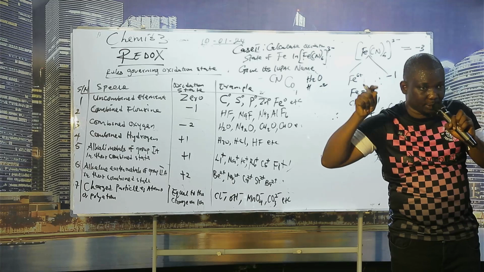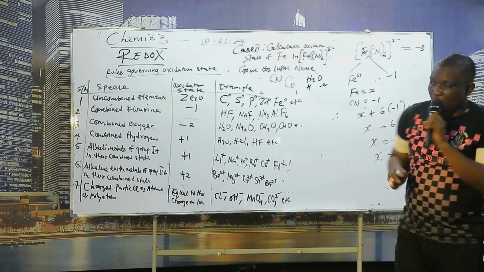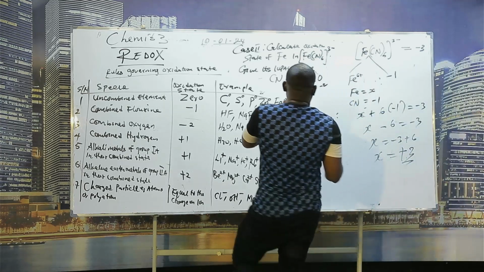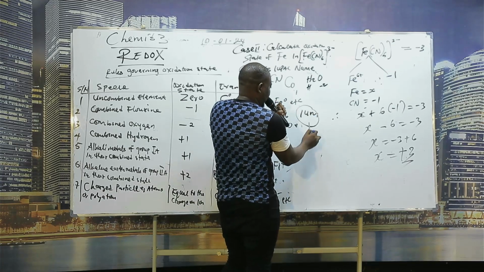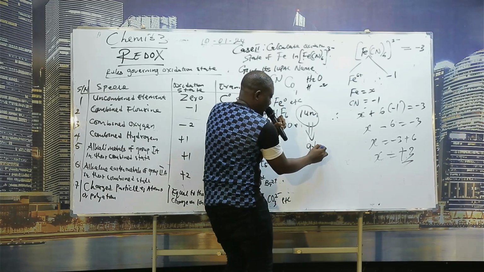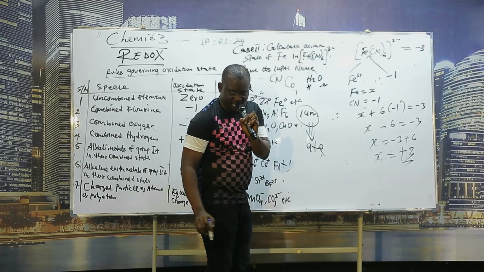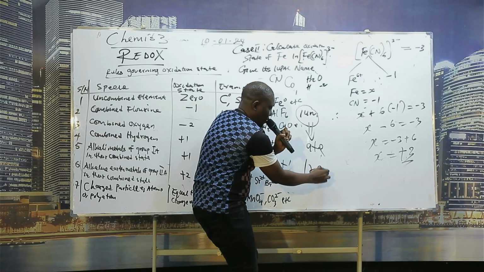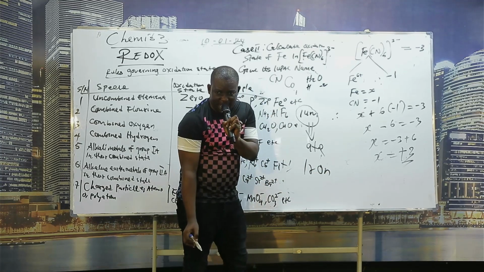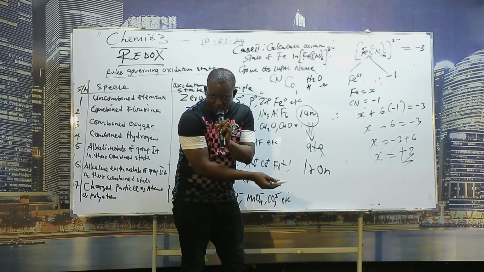Plus what? 3. In this case now, you will always change the IUM ending of that species to what? ATE. But unfortunately, in writing iron, I-R-O-N, there is nothing like an IUM ending for iron.